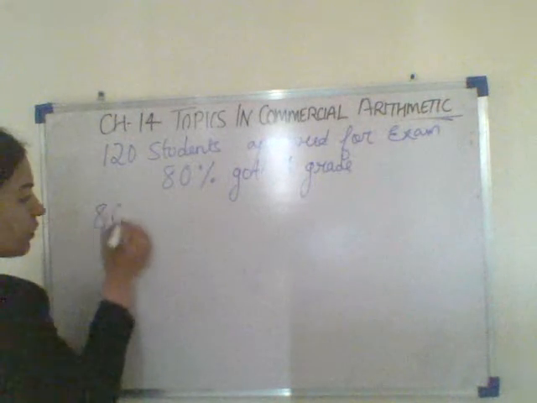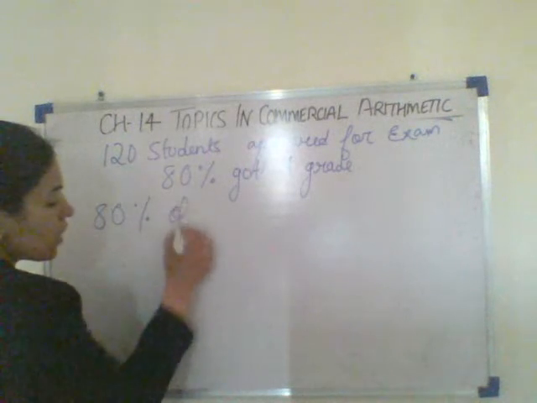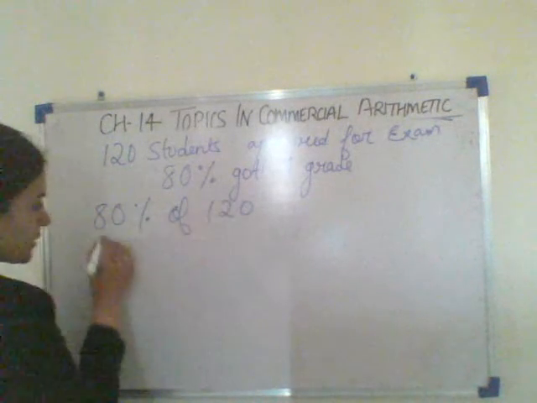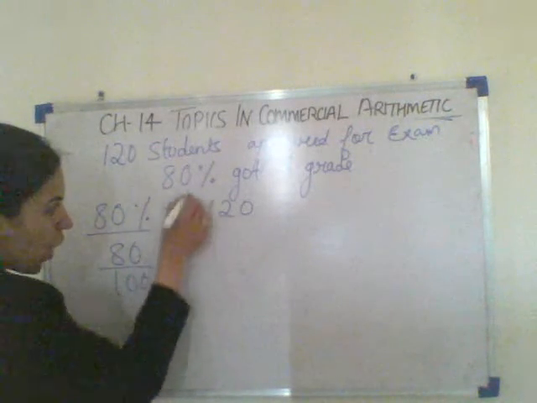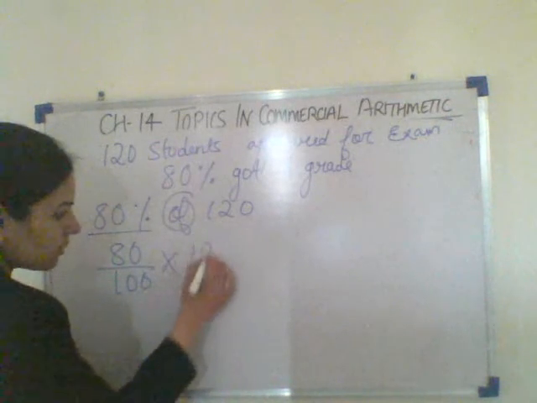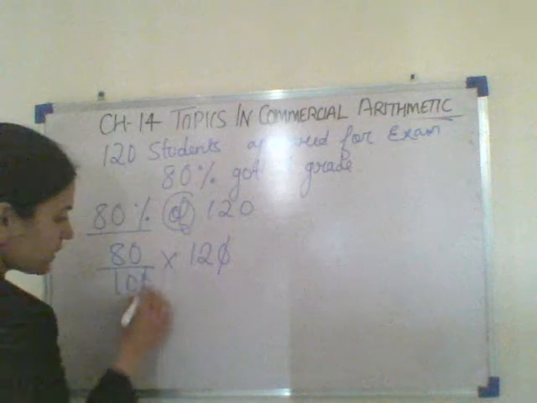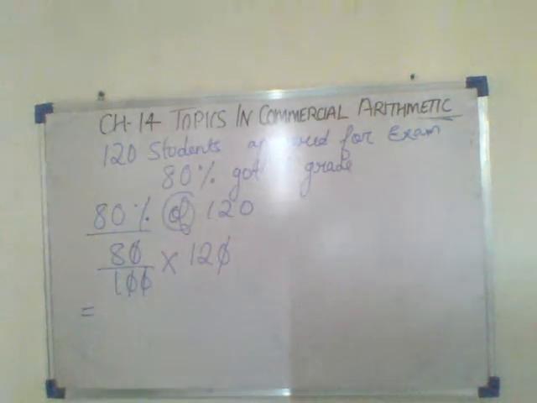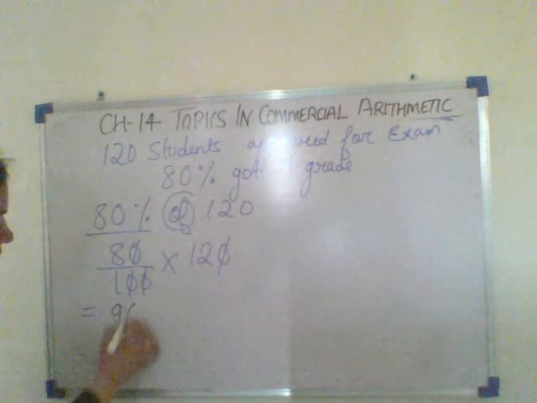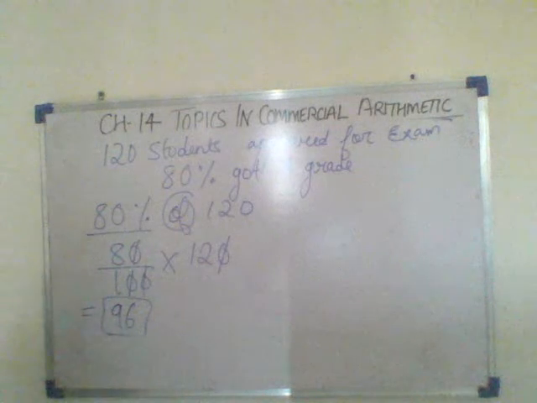So how will we be finding 80% of 120? 80% means 80 upon 100. Of means multiply by 120. Here the 0 again got cancelled, and 8 multiplied by 12 is 96. So a total of 96 students got grade A.